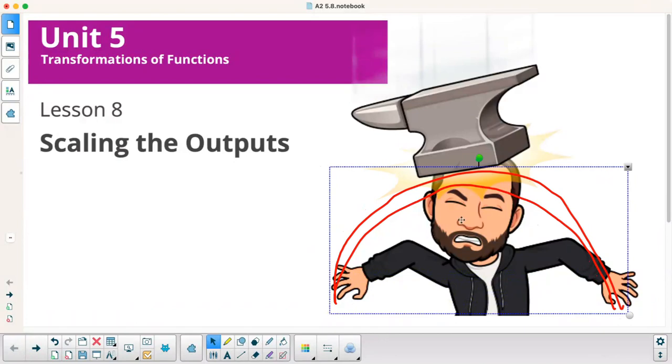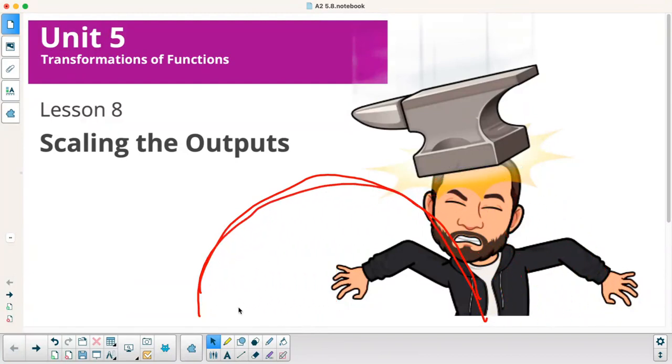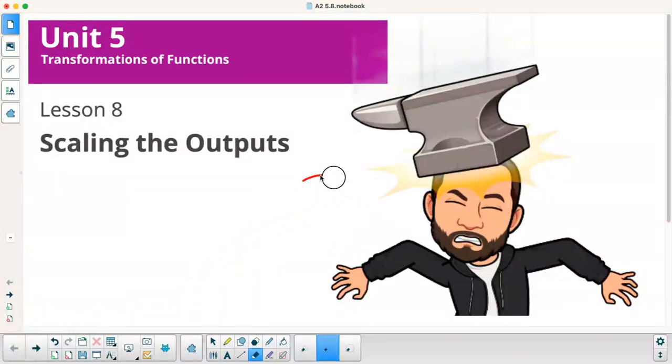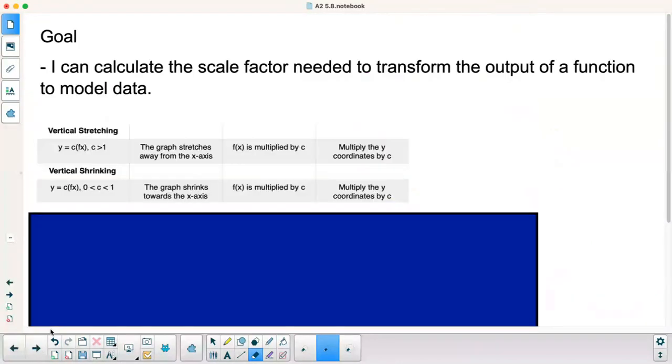That's why I chose the anvil there. I want you to remember that when we scale the outputs, we're going to squish our function, squash it down towards the x-axis, or stretch it away. So our goal today is: I can calculate the scale factor needed to transform the output of a function to model data.